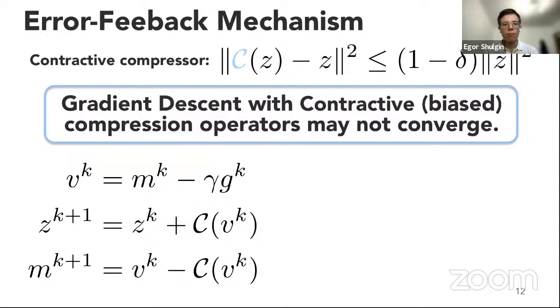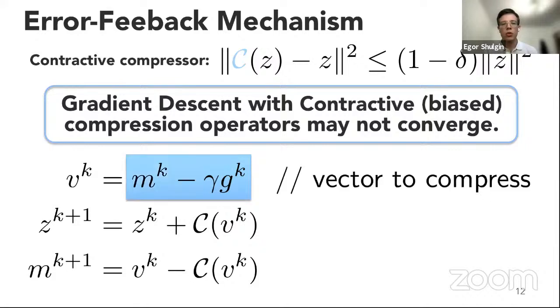So we have a slightly modified version of the original error feedback. And instead of compressing the gradient update, which we typically want to send from some worker to the server, this mechanism works with a compensated vector. So here, this vector mk usually corresponds to the memory.